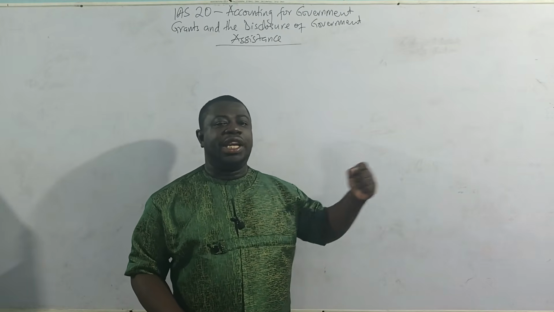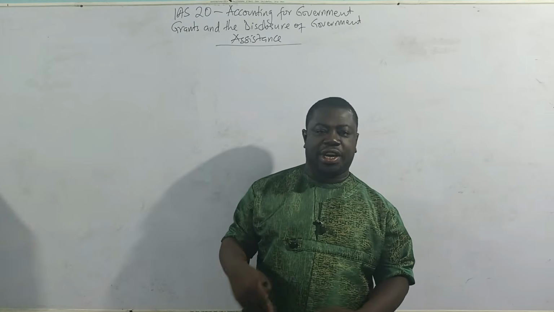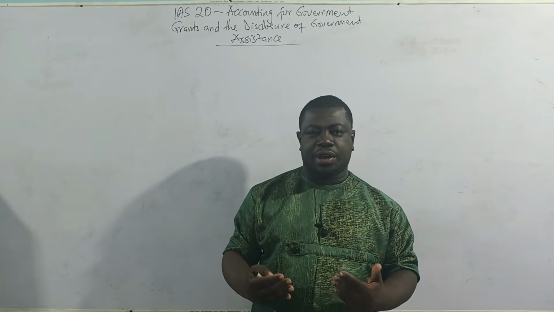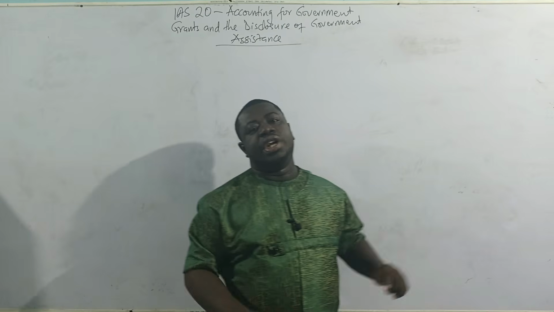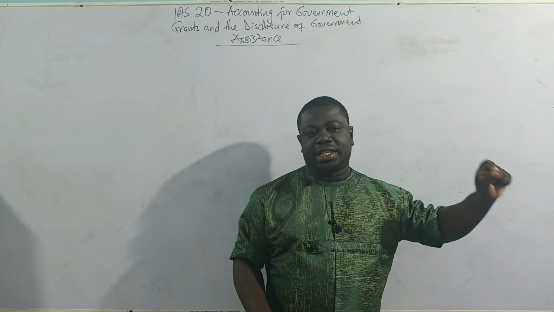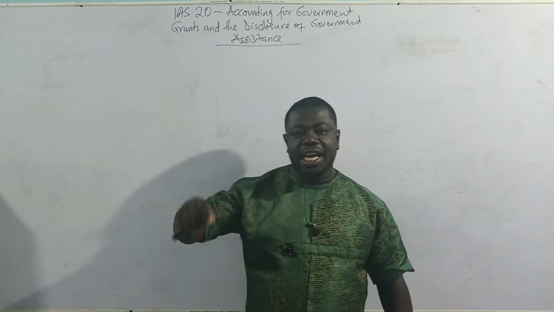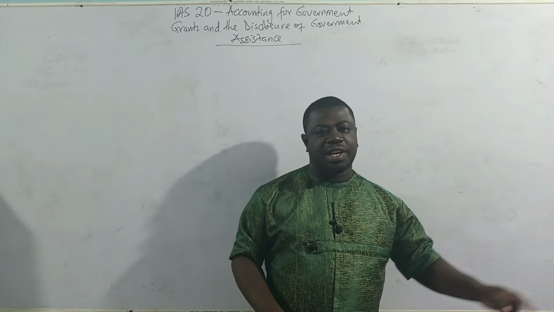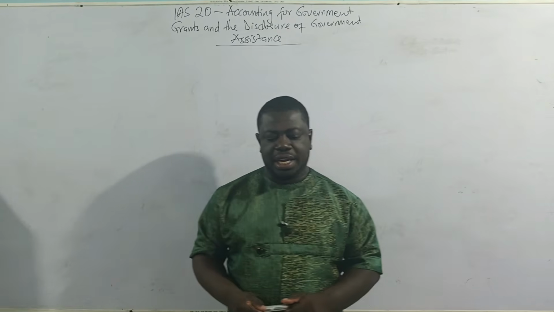So the possibility of a refund is a contingency, and you need to disclose that in your financial statement notes so that the users of the account, when they pick the account and the statement, they will be able to understand that, even though there is a grant recognized for this amount of money, when the company is not able to achieve A, B, or C, they will be required to refund this percentage of the grant. So that becomes a contingency that you need to disclose in the financial statement.